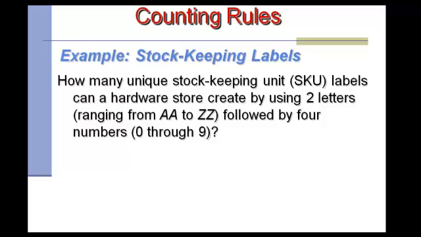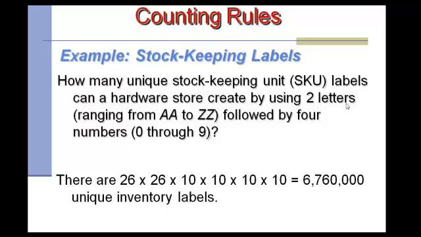So a really complex example of that is how many unique stock keeping units, all those SKU numbers on things, can a hardware store create by using 2 letters ranging from AA to ZZ, followed by 4 numbers, 0 through 9. Well, that's taking 2 items and asking how many arrangements we can make, meaning the letters and the numbers.